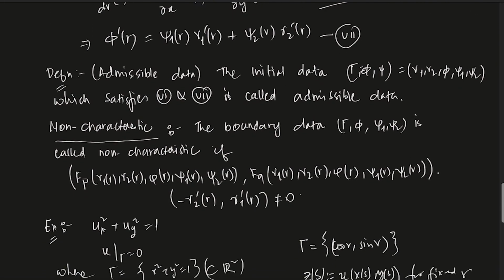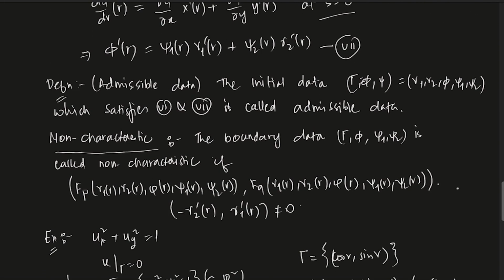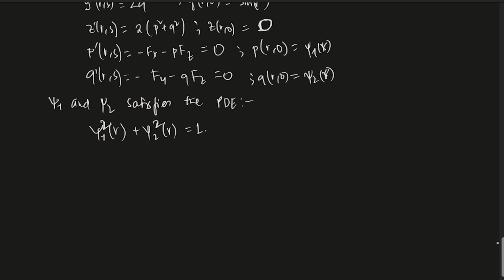That is given, and it equals phi prime of r. Phi prime in our case is 0. So this is 0 equals psi 1 of r times minus sine of r plus psi 2 of r times cosine of r, right? That is what we are going to get.